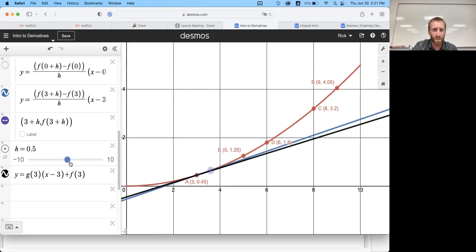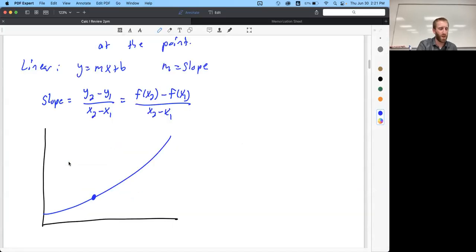But 0 doesn't really make sense because on the bottom, it's x2 minus x1. And so if the distance was 0, that means that the 2 points would be identical. And that means that we're dividing by 0.